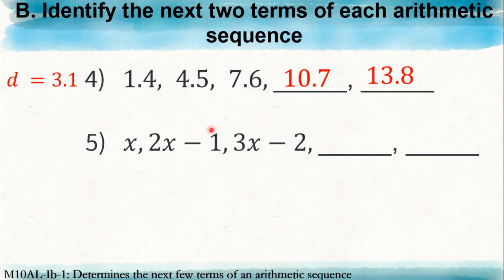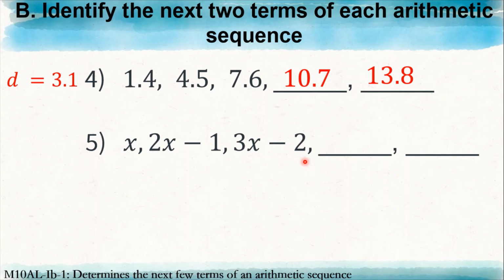Okay, haluan na natin ng variables. x, 2x minus 1, 3x minus 2. So, what is the common difference? So, pansinin na lang natin yung mga like terms. Si x, naging 2x, naging 3x. So, nadadagdagan siya ng 1x or x. Tama. And then, pansinin yung mga constant nila. Ito, 0, minus 1, minus 2.